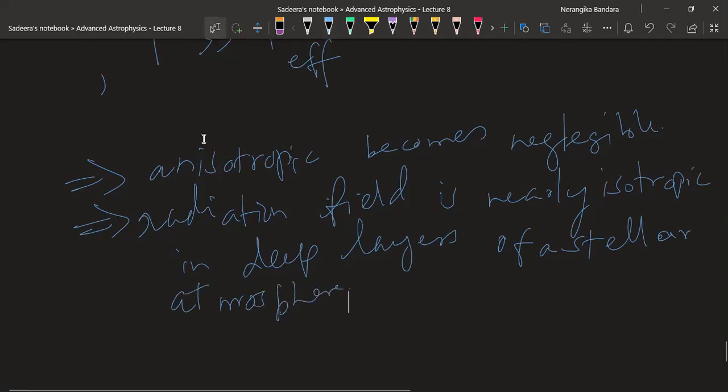That's about it. Anyway, this is quite a mathematical description of what we have to expect deep inside a stellar atmosphere.